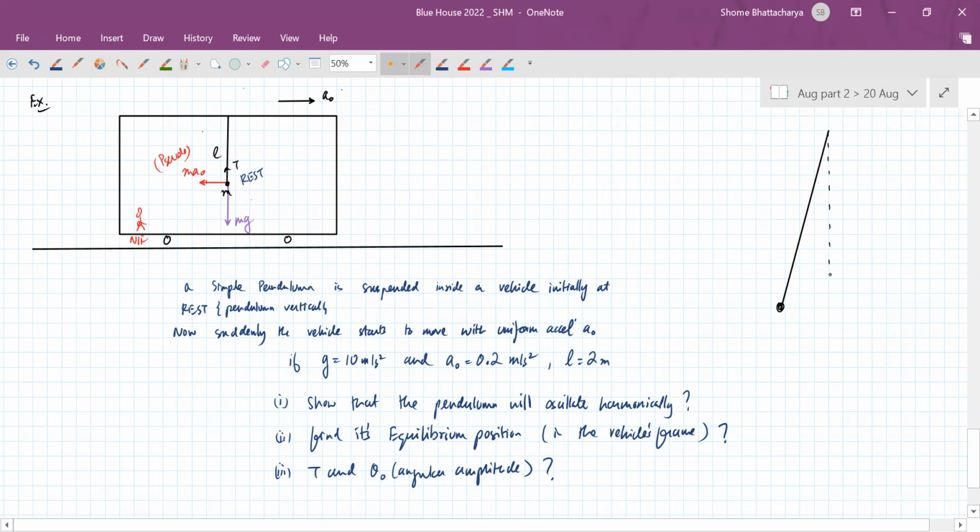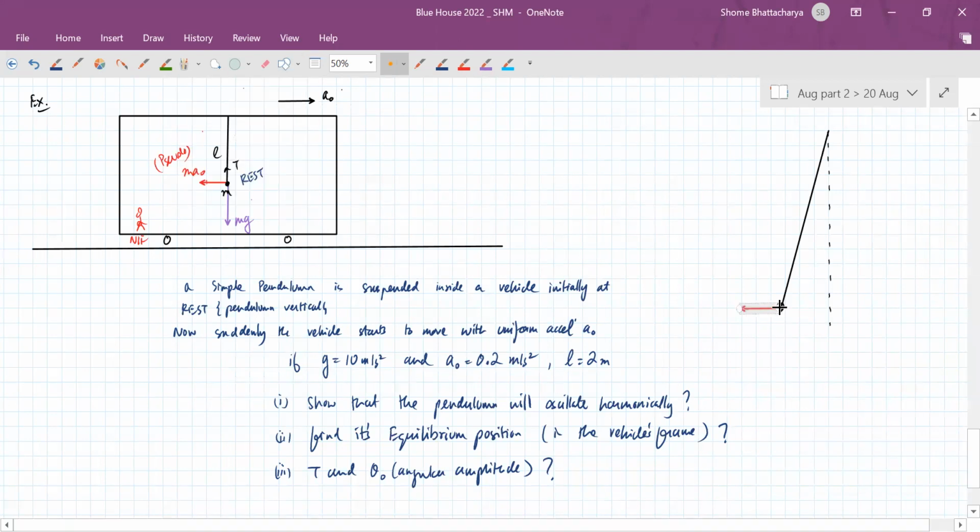So we can take tan theta equal to a naught by g. Yes, very good. Directly you can do that. Or you can use the trick method: in a non-inertial frame like this, effective gravity becomes diagonal, because it's the vector sum of m a naught and mg, the effective or apparent weight.